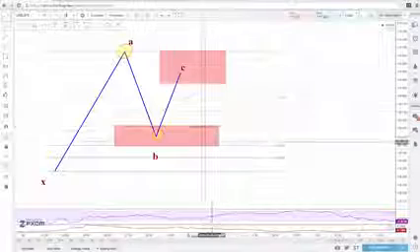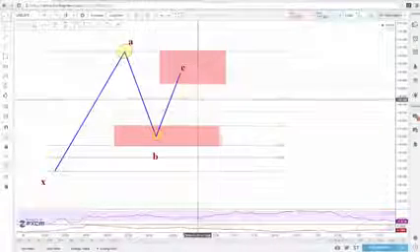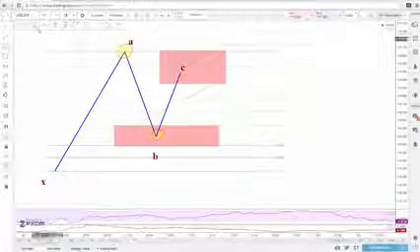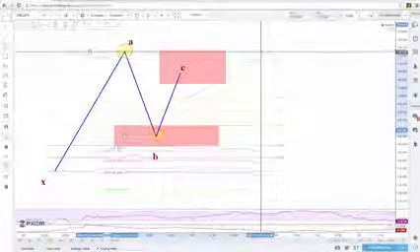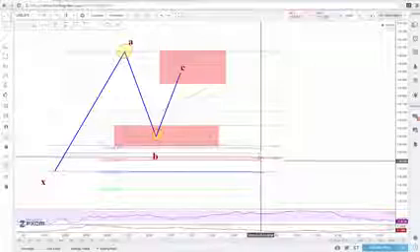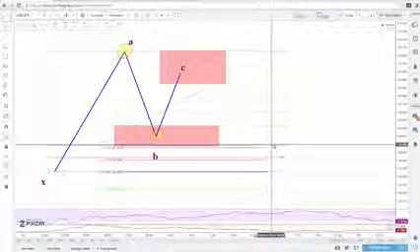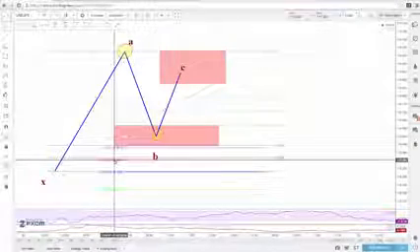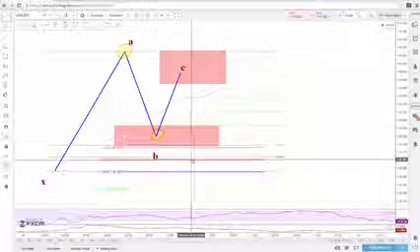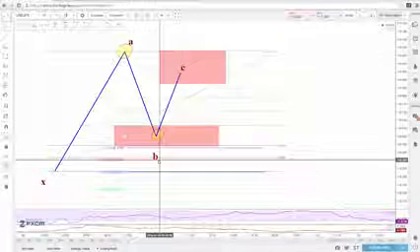And this is the case for me whenever the 786 is closely aligned with a 127 extension. In this point, this is not considered closely aligned. Since this is not considered closely aligned, meaning the 786 retracement here is not very close to the 127 extension here, I would use the 127 extension as my D point.